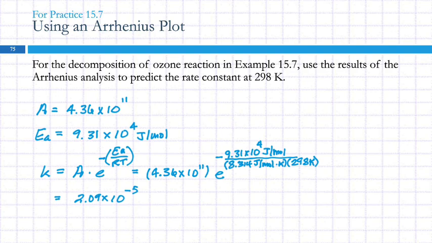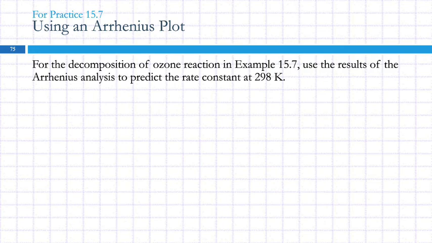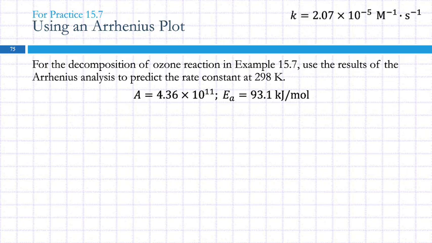For the answer on the PowerPoint, it says the units per K are m to the negative 1 times s to the negative 1. I was wondering how we get that from what we plugged in. That's a good question.